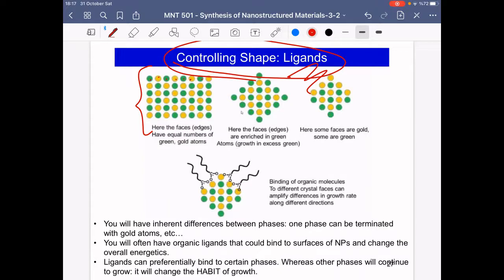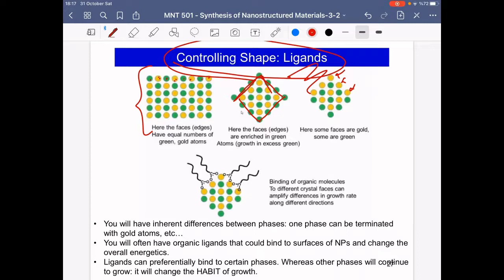One is green and one is gold, or one is something else. You can manipulate these atoms, and here are the faces that are enriched in green. You can play with your system. This is more green, or you can manipulate it and grow red on the edges, for example.